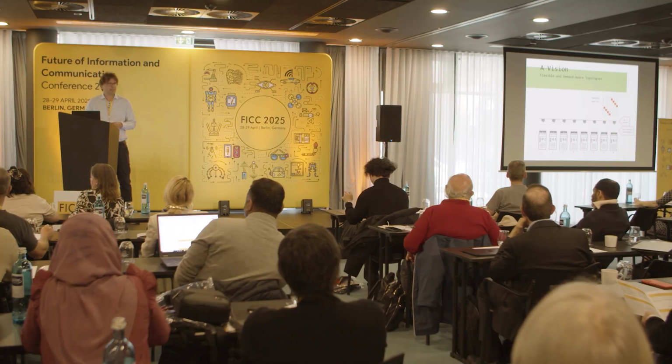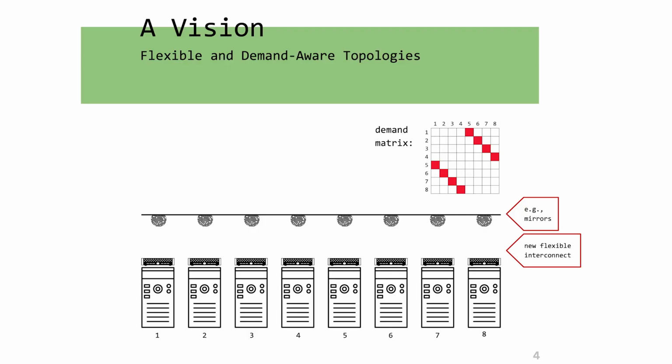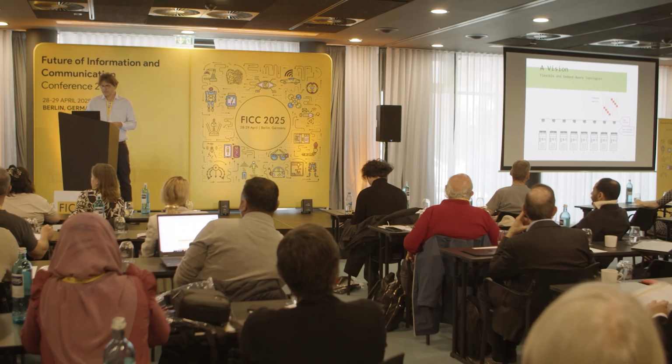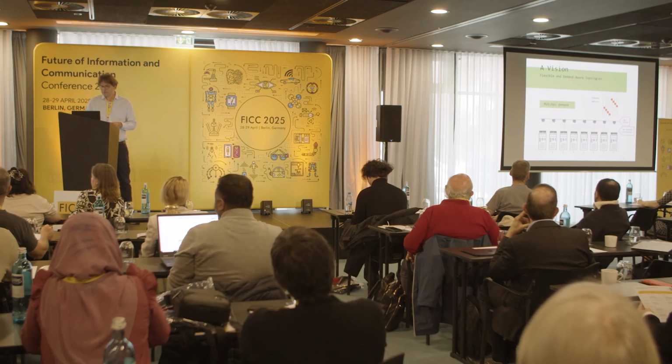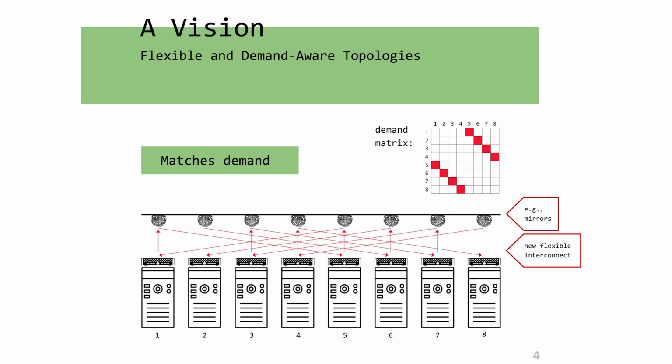If you have a traffic matrix where rack 1 communicates to rack 5, rack 2 to 6, 3 to 7, and 4 to 8, it would be very good if you could interconnect the data center so that it directly matches the demand. So we directly connect rack 1 to rack 5, 2 to 6, 3 to 7, etc.